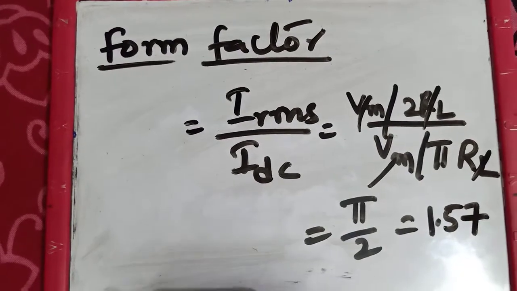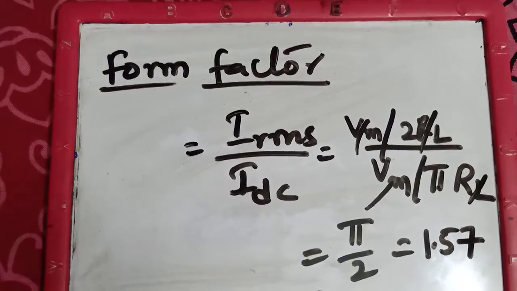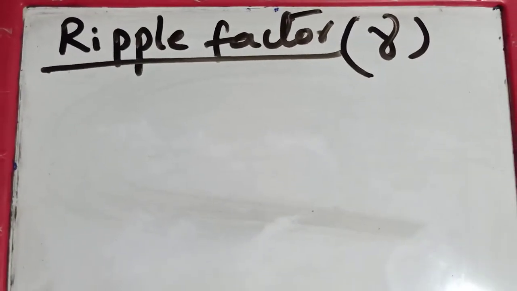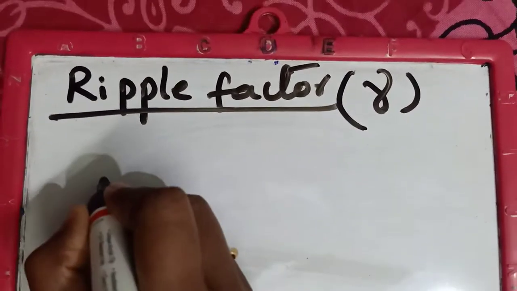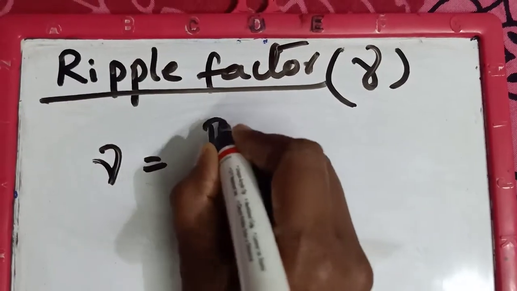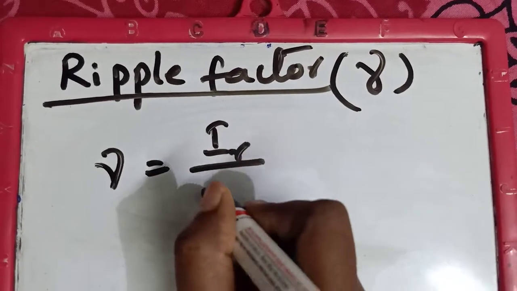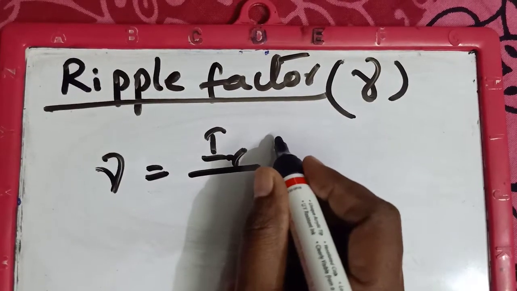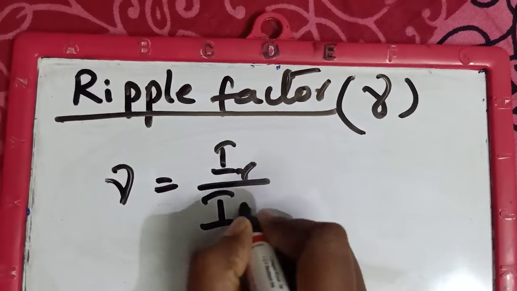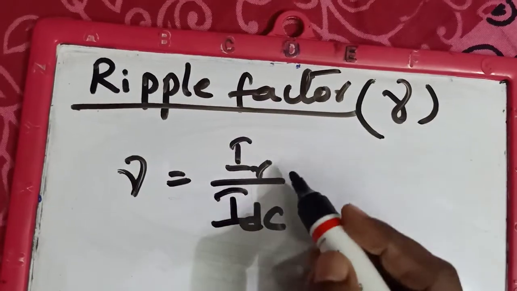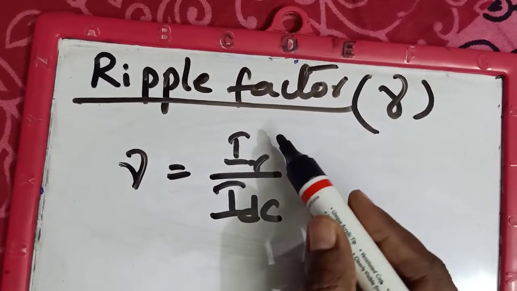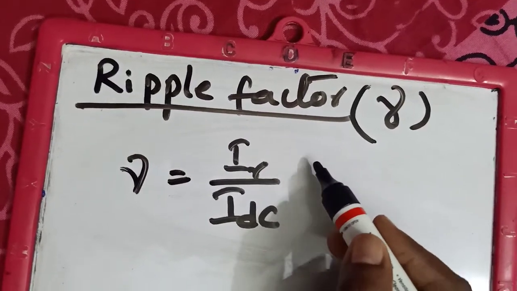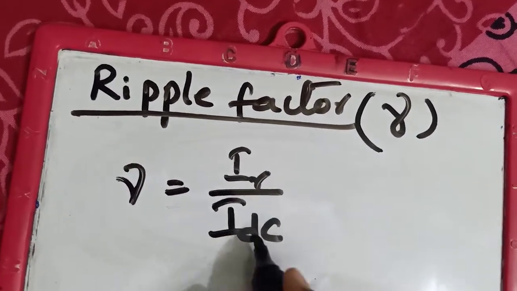Likewise, we can also calculate the ripple factor. How could we get the ripple factor? We'll check this through some diagram. The ripple factor gamma is defined as the ratio of the current IR due to AC components present in the output to the average value of DC current. I repeat, it is the ratio of current IR due to AC components present in the output to the value of IDC.